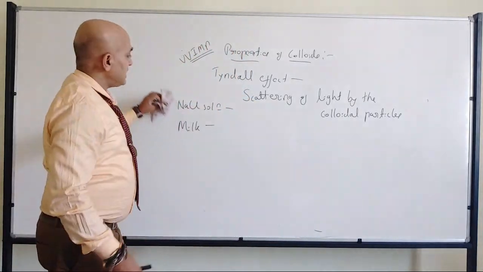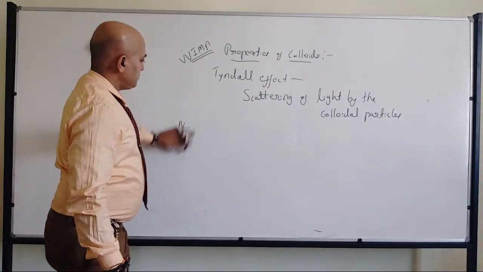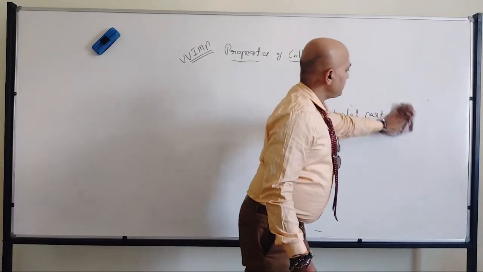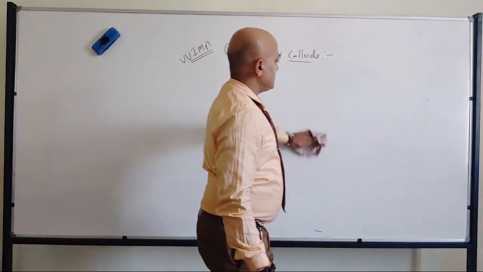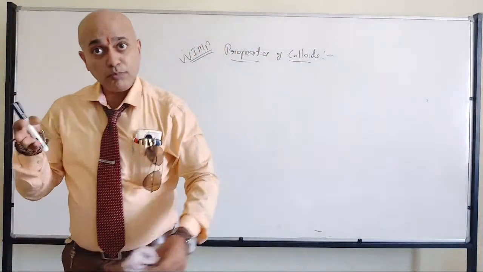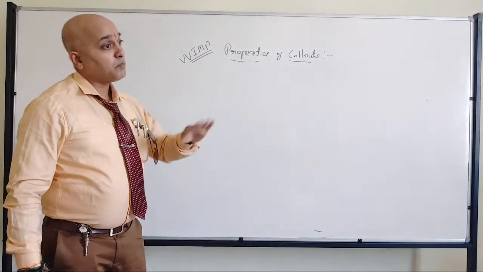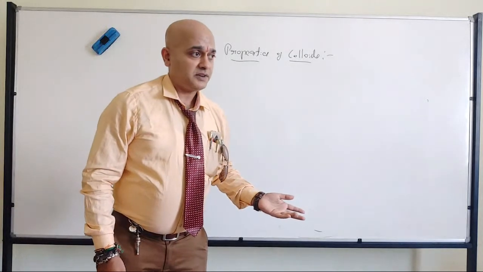So particle size makes the colloidal solution scatter the light. Now what will happen if I take a large particle size? Then it will not scatter, it will block the passage of the light. So scattering is different, blocking the light is different.